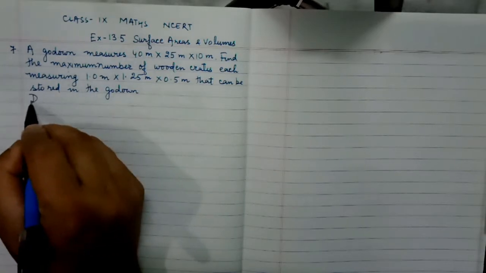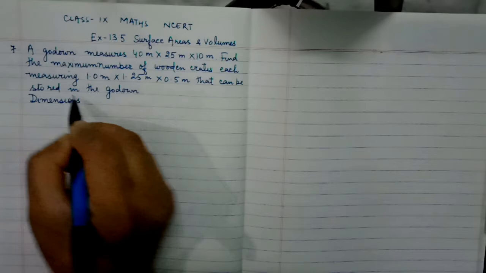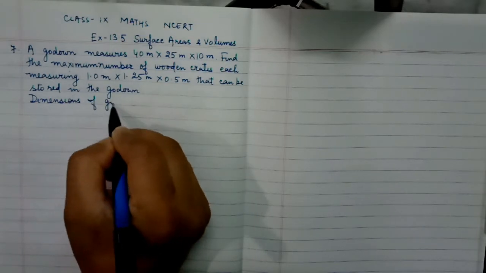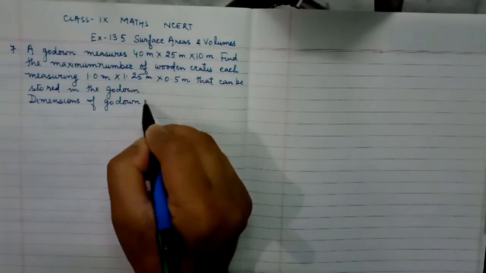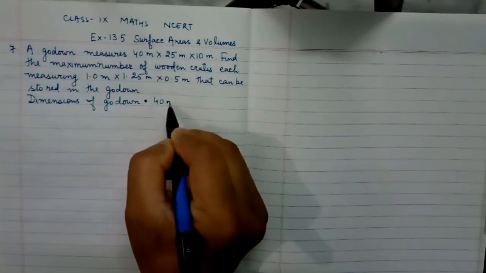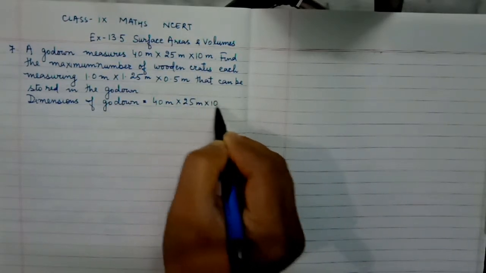Now, dimensions of godown is equal to 40 meter into 25 meter into 10 meter.